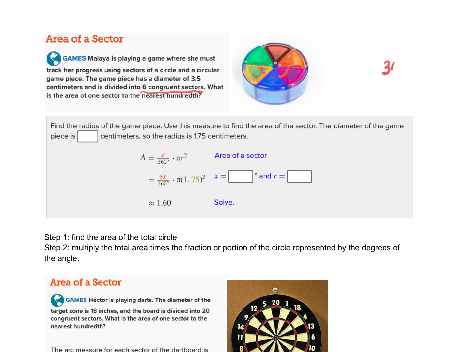So if I do 360 divided by 6, that will tell me how many degrees each piece is. And 360 divided by 6 does happen to be 60 degrees. So each piece is 60 degrees. So that's where this 60 degrees comes in. That's where they got that from.